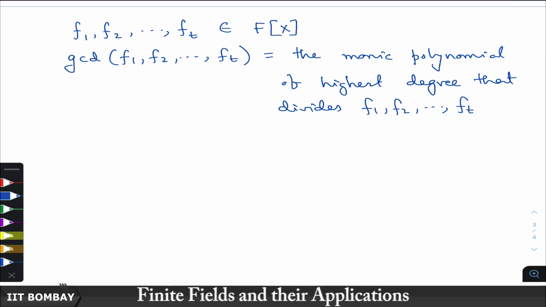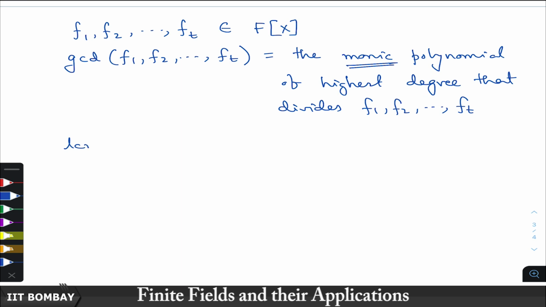There may be multiple polynomials of the same degree which are factors of these polynomials. So, that is why to make it unique, we take the monic one, that is with the leading coefficient 1. So, that makes this unique.